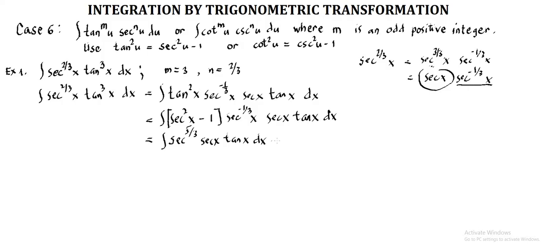And then minus integral of, so 1 times secant to the negative 1/3 of x times secant x, tangent x dx.